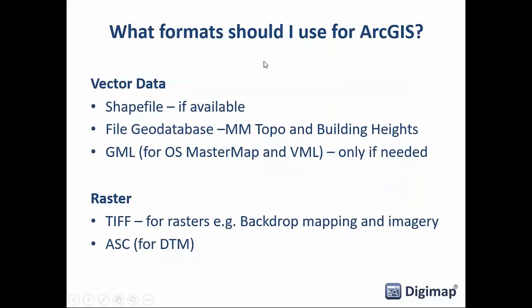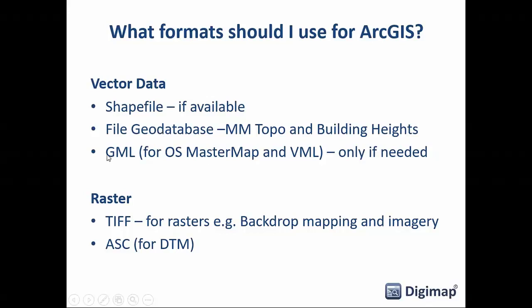As I've said, with ArcGIS, the main formats you're really interested in are shapefile, if it's available, or a file geodatabase. For some products, for instance MasterMap Topo and Building Heights, we only supply a file geodatabase as well as other formats, but we don't supply it in shapefile. So if it's a choice between file geodatabase and GML, then for ease you would use file geodatabase.